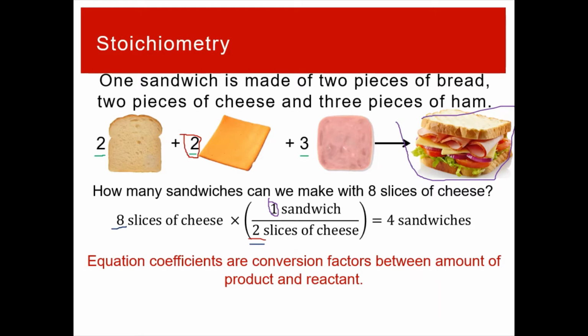So these coefficients in front of those numbers allow us to do conversions between amounts of product and reactant, or ingredients and output sandwiches. These numbers that define the fact that you need 2 are defined by how we make sandwiches. It's defined by the process. And so that recipe governs how much you can make from a starting amount.